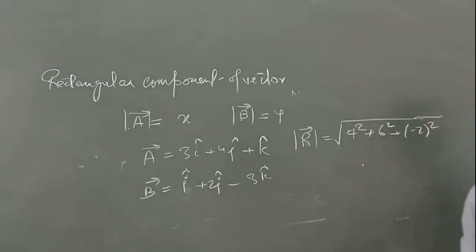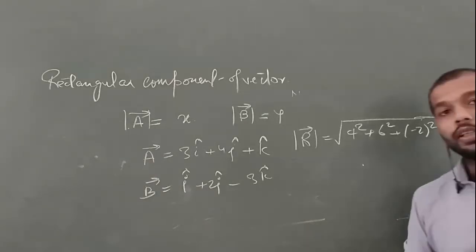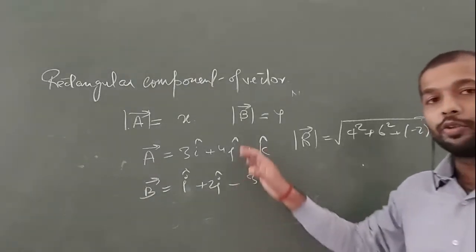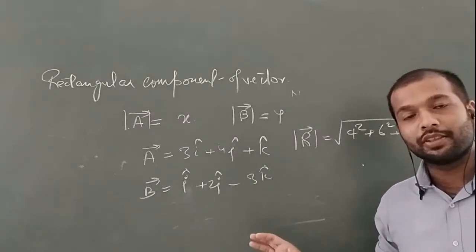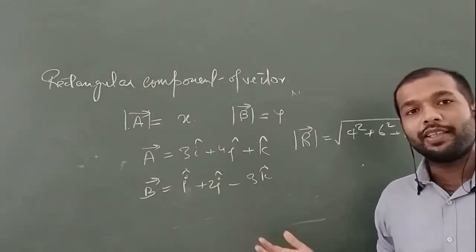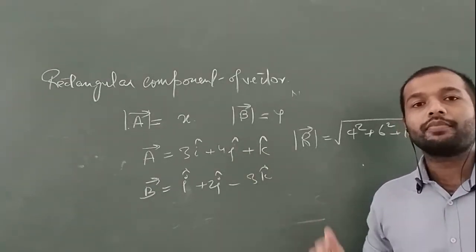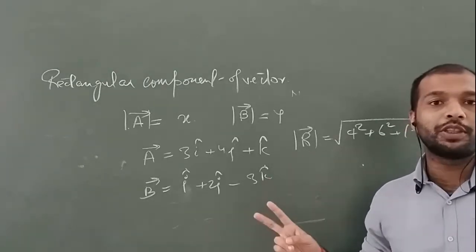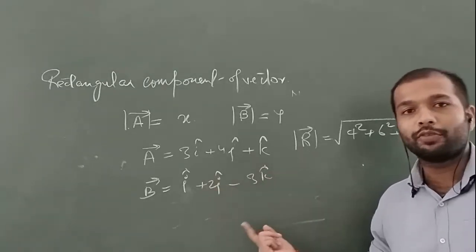That is the way you can use the rectangular components to do the addition and the subtraction. Similarly, you will use it to write the displacement vector when the two position vectors are given in the rectangular form.